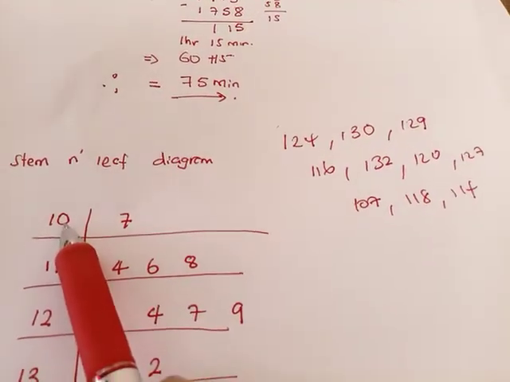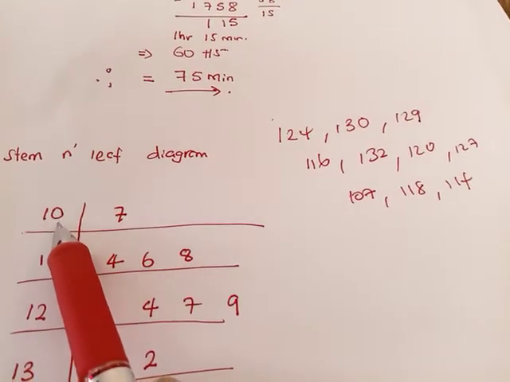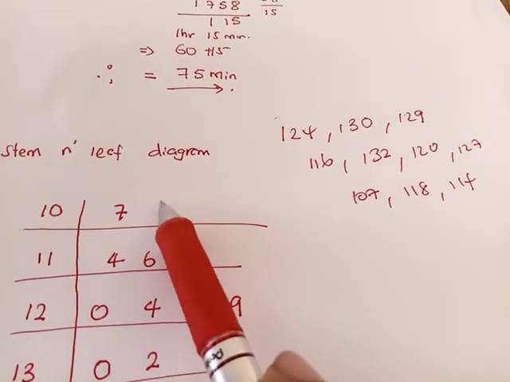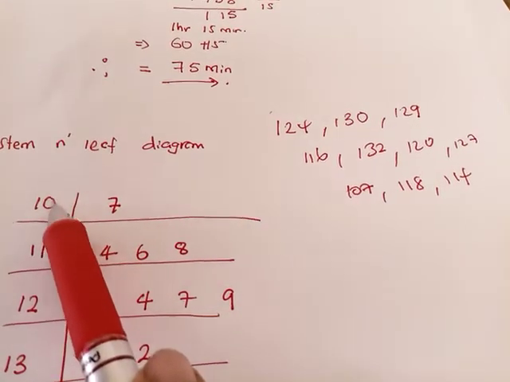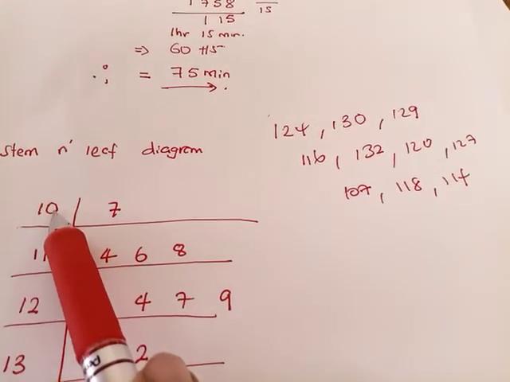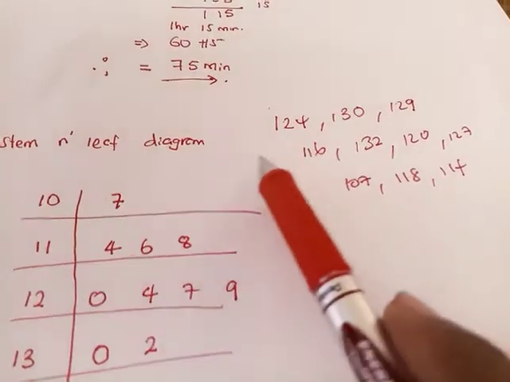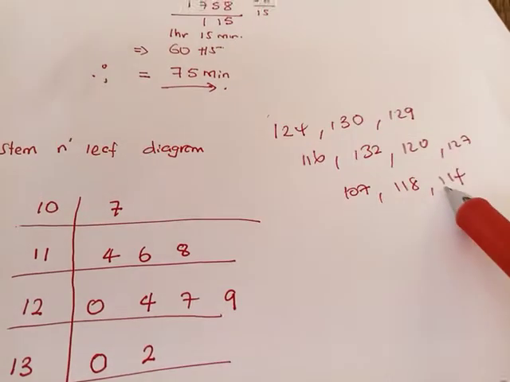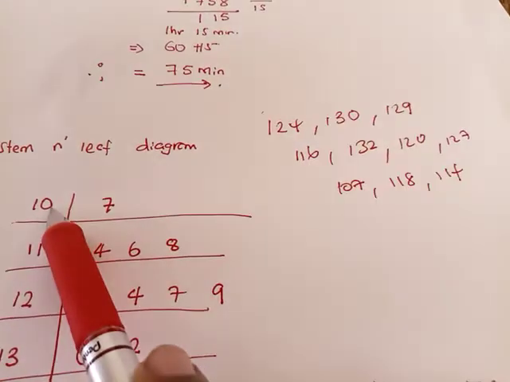So let's look at the range between 100 and 109. Let's look at which numbers are there, and quickly we realize there is only 107.